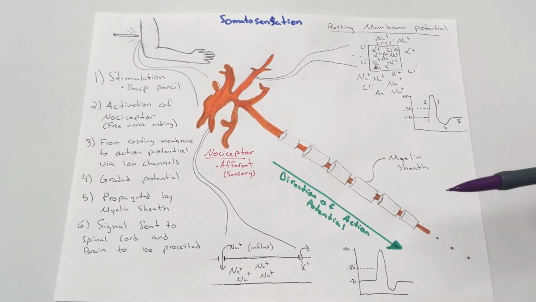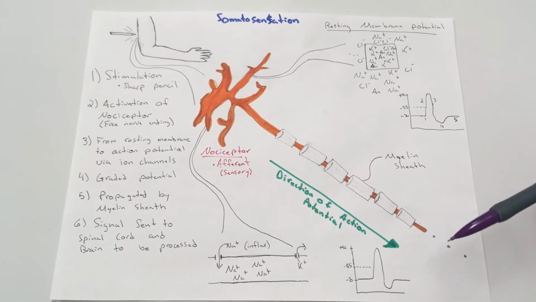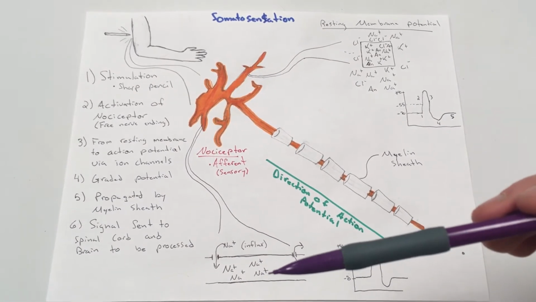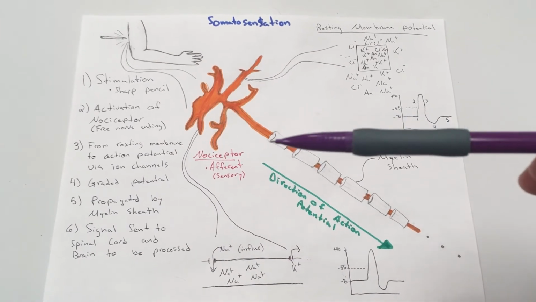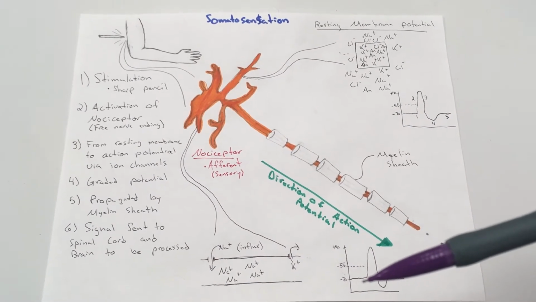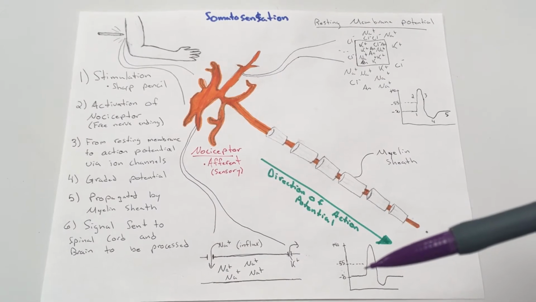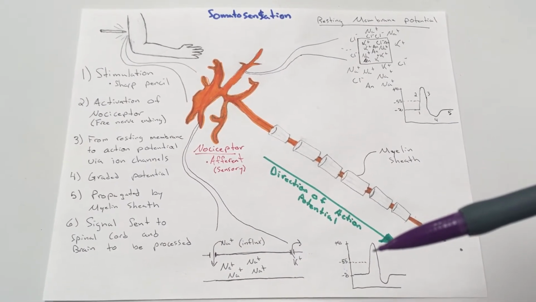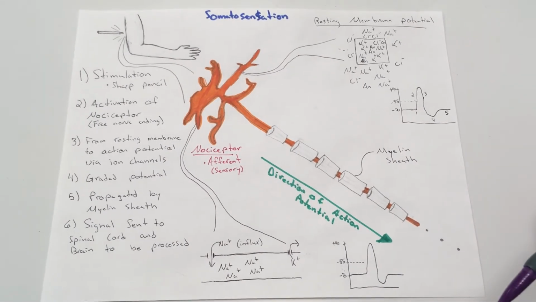From here, with the activation of the nociceptors, we get an influx of sodium into the cell, into the axon more specifically. With the influx of sodium, you change the resting membrane potential of this nociceptor and make it more positive.